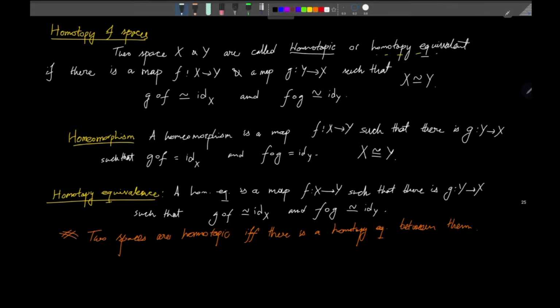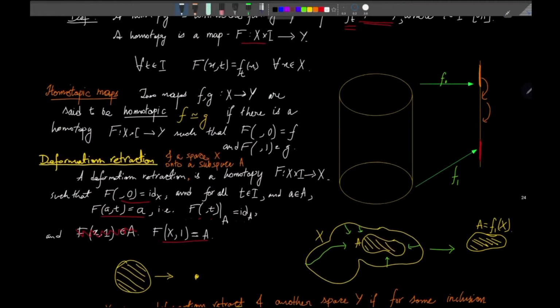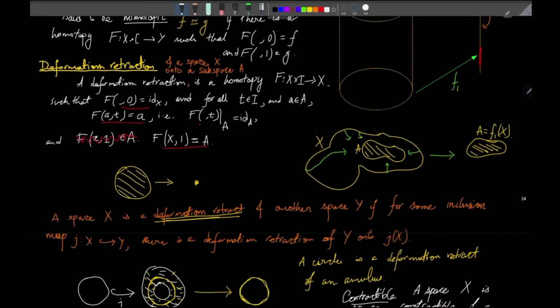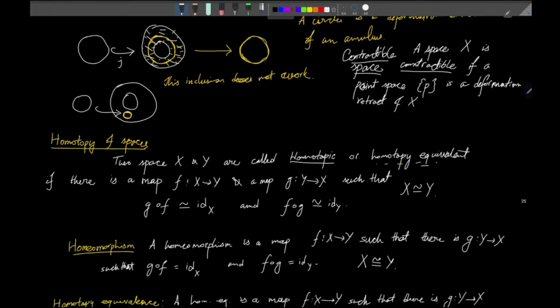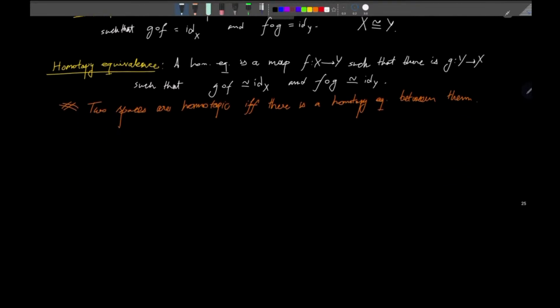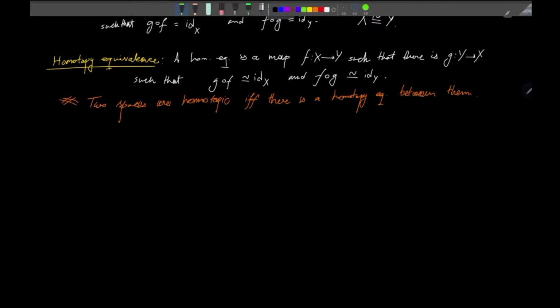Now we relate the fact that we talked about homotopy of maps, and then we talked about deformation retraction. We saw how deformation retraction relates to the homotopy of maps. Now we saw homotopy of spaces. Now, is there a deformation retraction equivalent for the homotopy of spaces? Well, there is, and that is the fact that a space is always homotopy equivalent to any of its many deformation retracts. That is almost the fact of the day.